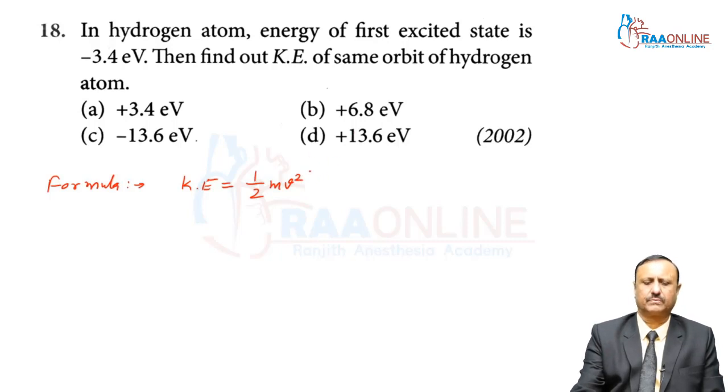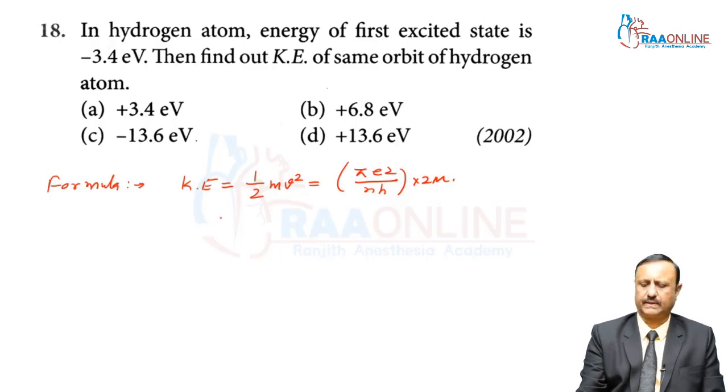So, you can put these values, and this half mv square is equal to pi e square upon nh power into 2m. We can write the kinetic energy formula.